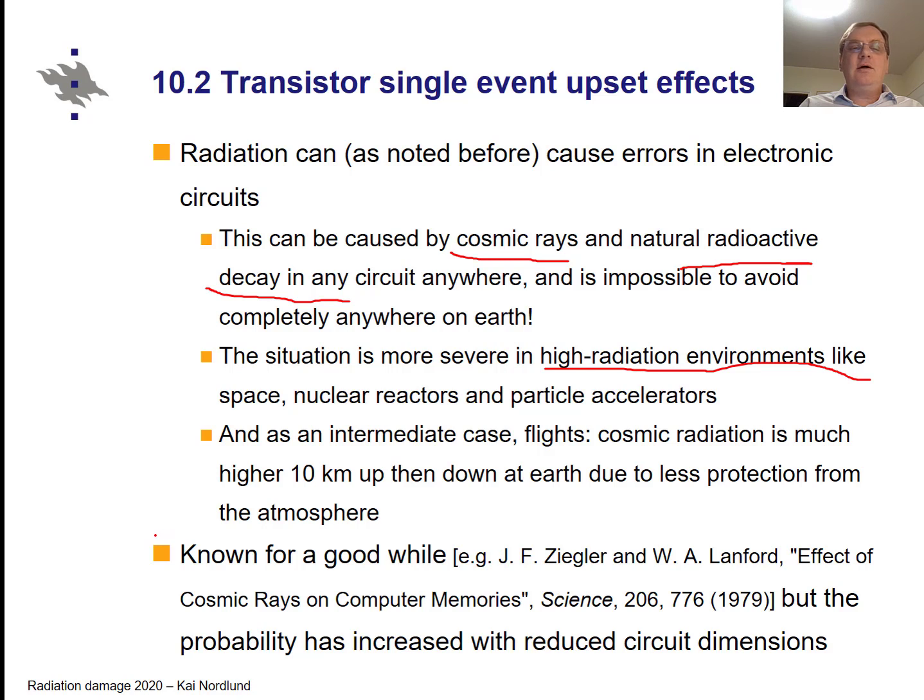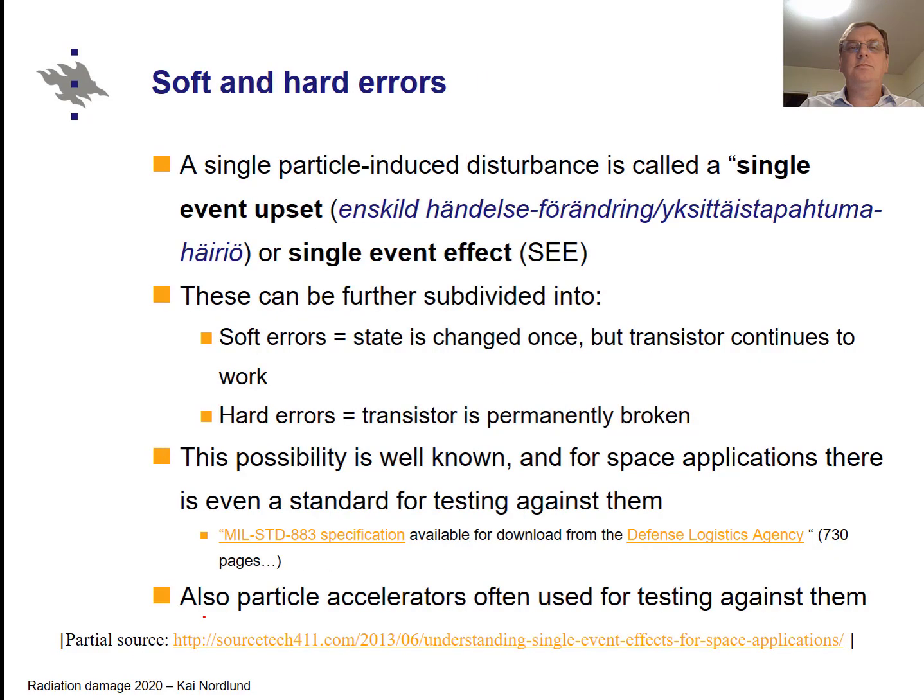Well, this issue that radiation can cause upsets in transistors in semiconductor circuits has been known for a good while. But now that the circuits have become smaller and smaller, this has become increasingly important. And these single events causing irradiation effects, which then cause upsets in the electronic operation, are called single event upsets or single event effects on transistors.